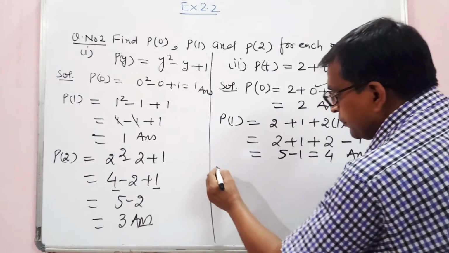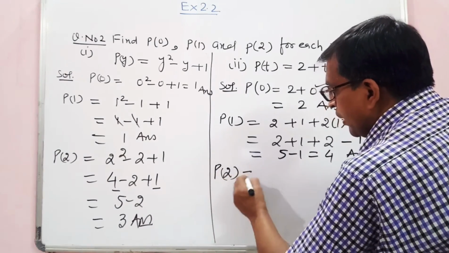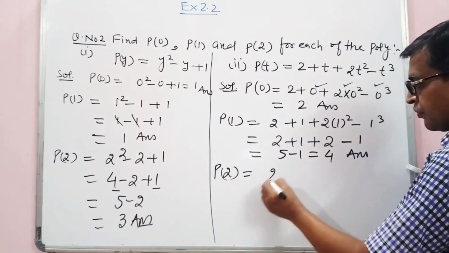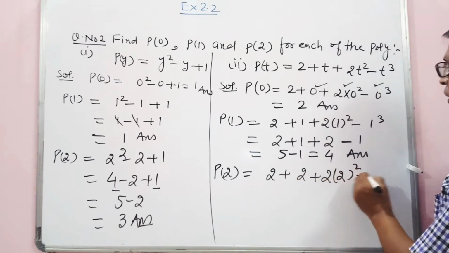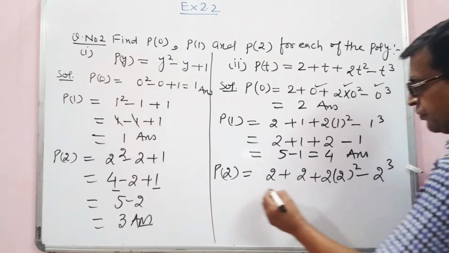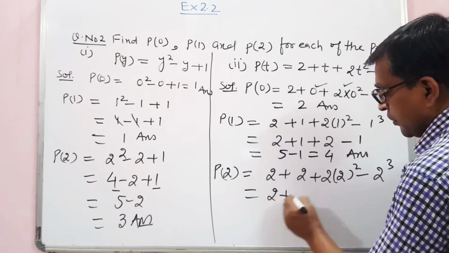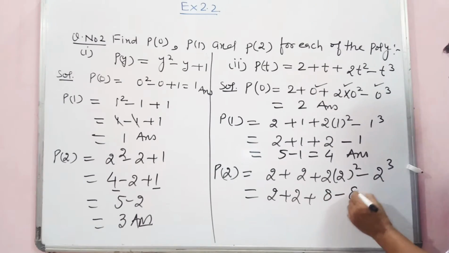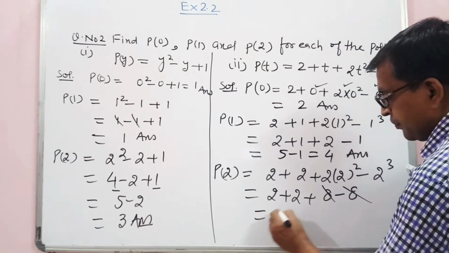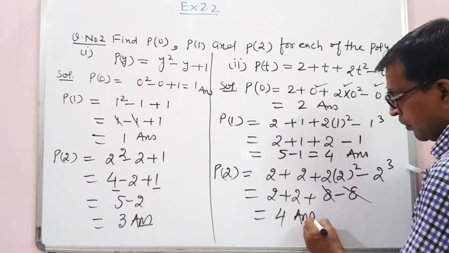Now P2. Where is the t, you write the 2. 2 plus 2 plus 2 into 2 square minus 2 cube. 2 square is 4, 4 times 2 is 8, now 2 cube is 8, this one cancels, 4.